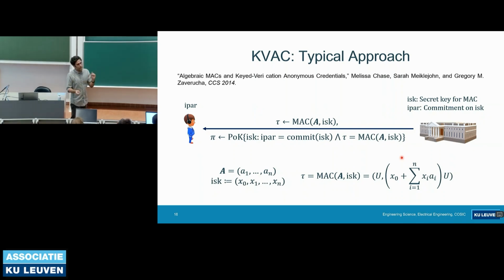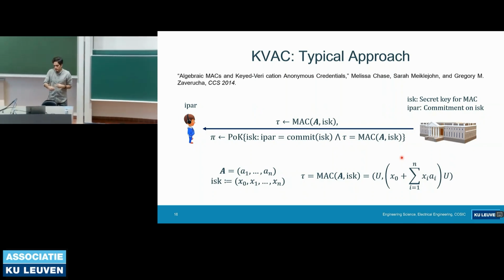The first group element is something completely random, and the second one is the multiplication of the first element by x0, which is the first value of the secret key, plus the summation of all x_i times a_i. And this would be an algebraic MAC that is secure.